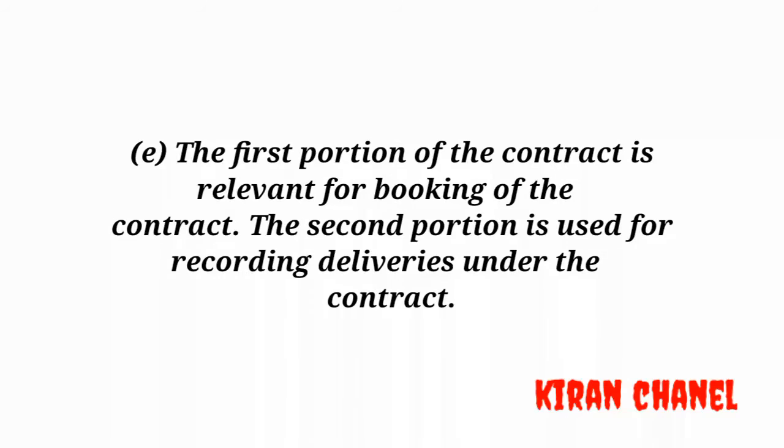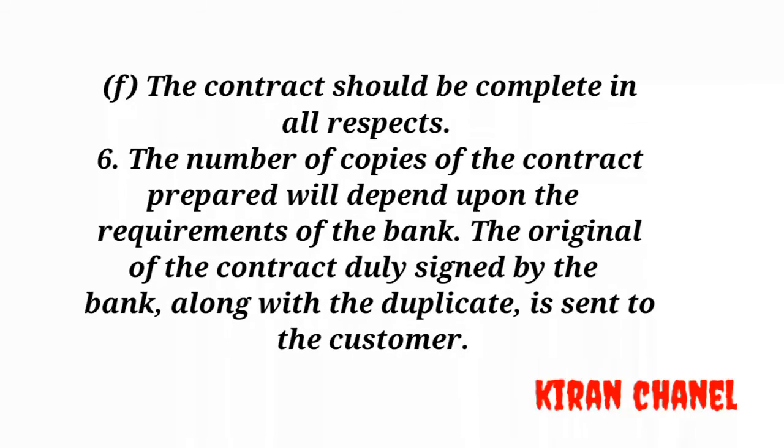E. The first portion of the contract is relevant for booking of the contract. The second portion is used for recording deliveries under the contract. F. The contract should be complete in all respects. Number 6. The number of copies of the contract prepared will depend upon the requirements of the bank.